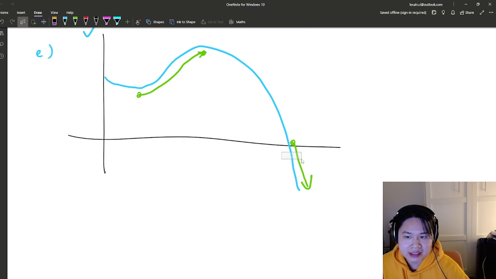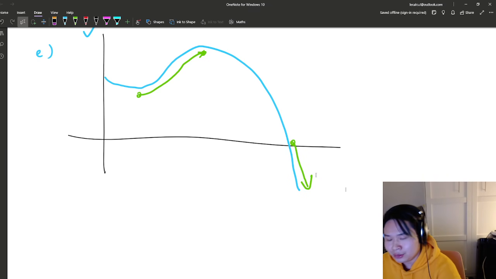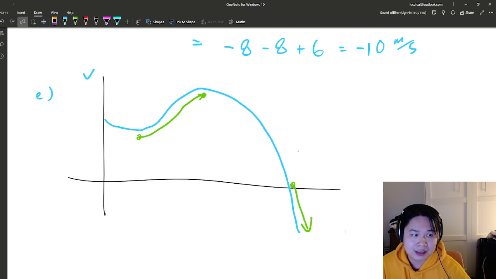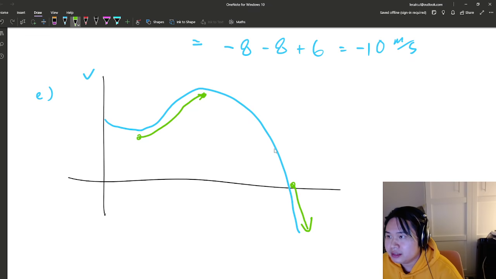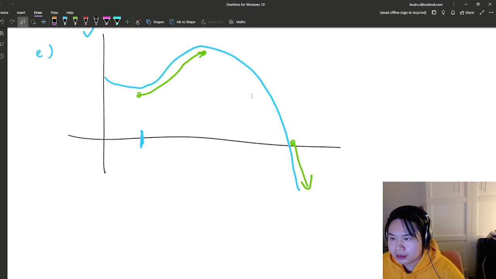And then once your velocity is negative, your graph is continuing to go down, so it means that you're going to the left faster. So these are the two places where you are going to have speed increasing. Okay, so we know that this is at the minimum, which is 1/3.